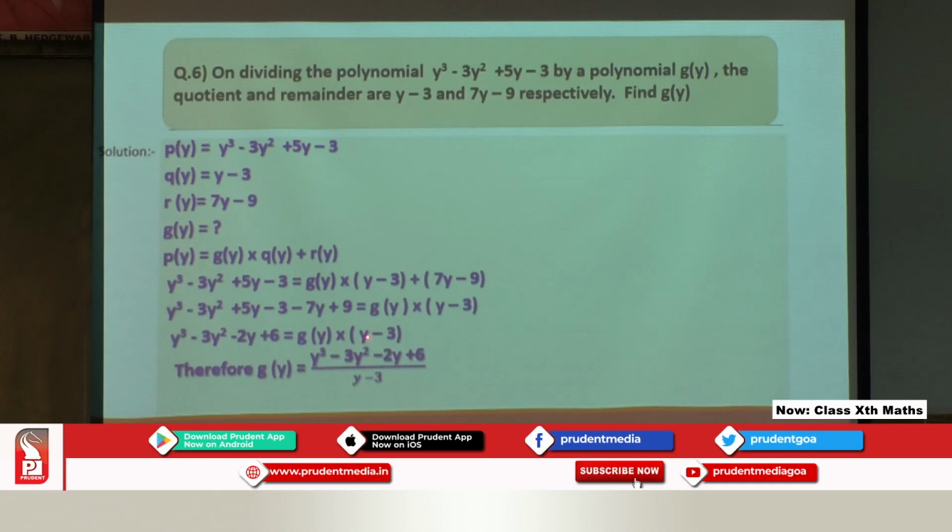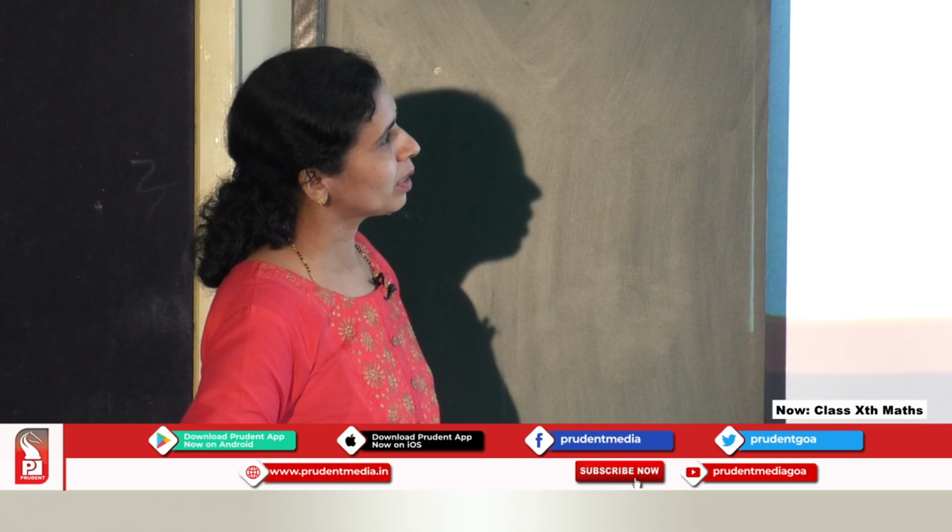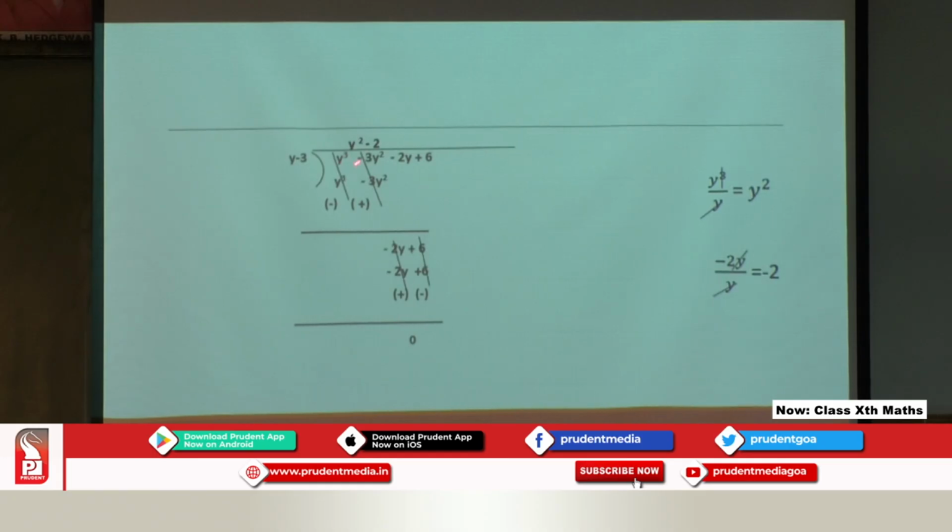This y minus 3 I carry over here, so it is divided by y minus 3. Now, next step, we should divide y cube minus 3y square minus 2y plus 6 by y minus 3. The same method we follow here.